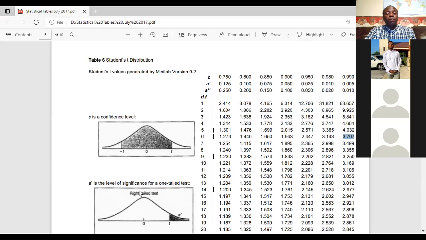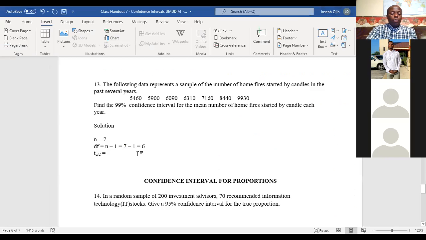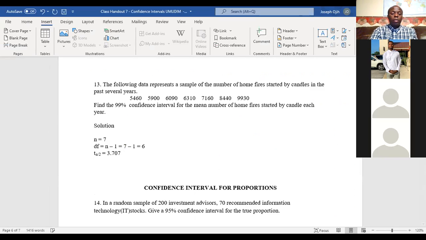Okay, let's go and put it in. 3.707. And then we can now get the values for the sample mean.